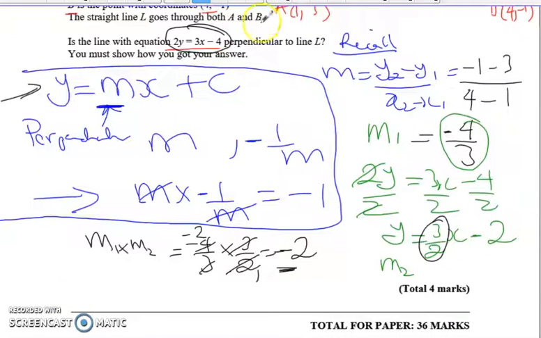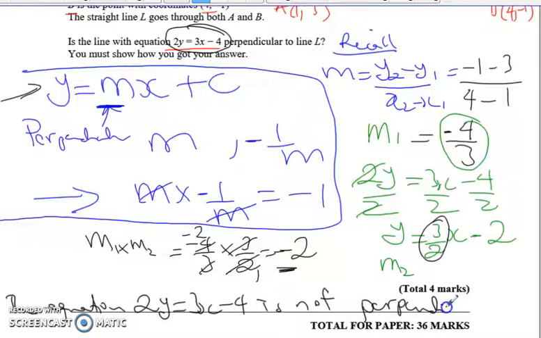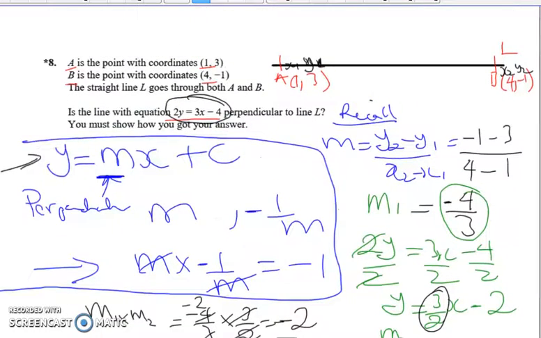Hence, we will say, and you need to say this in a full sentence to get your full marks, the communication mark, examiners are very strict on that, that the equation 2y equals 3x minus 4 is not perpendicular to line L. Okay, fairly straightforward.